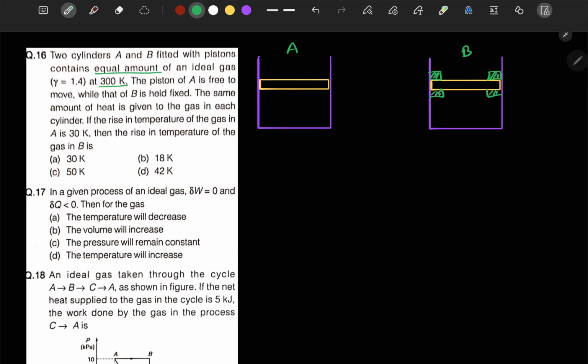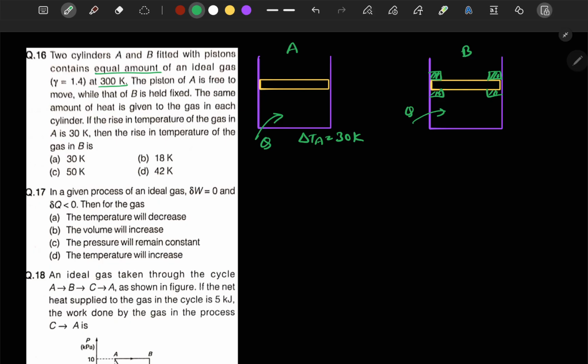Now the same amount of heat Q is given to the gas in both. The temperature increases, and it is given that delta T A is equal to 30 Kelvin.